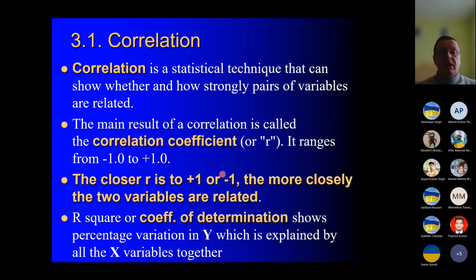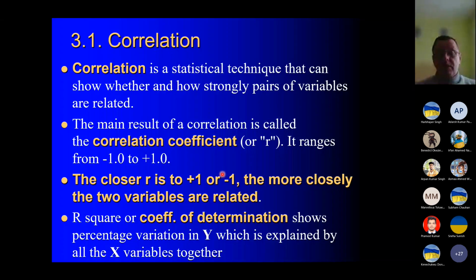In fact, correlation is a statistical technique that can show us whether and how strongly pairs of variables are related. So it gives us insight about the presence of a permanent relationship between variables.